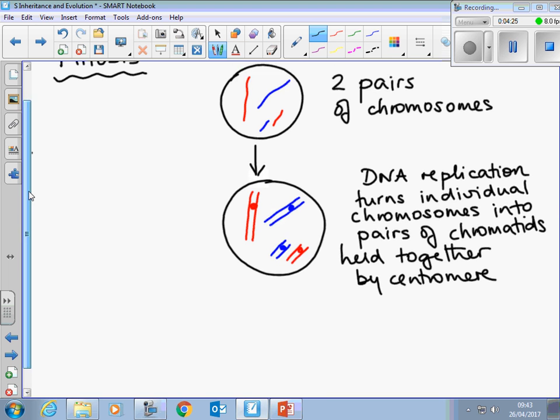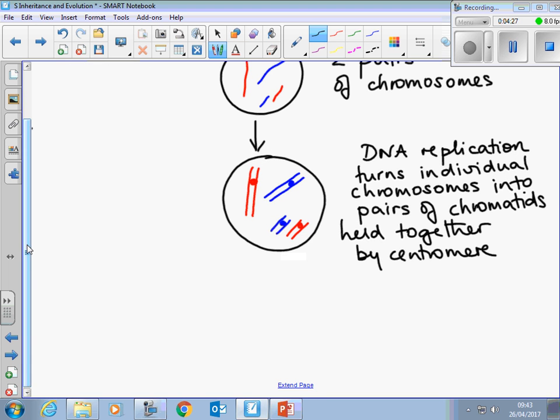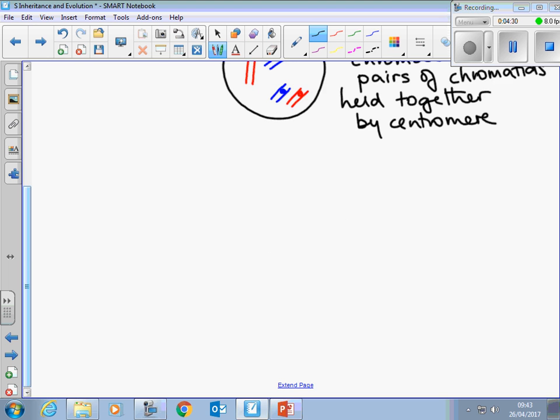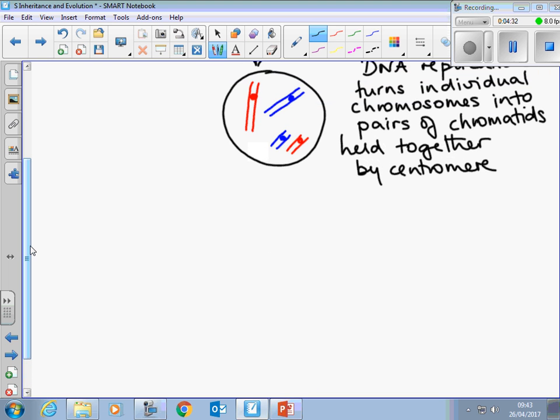We can then go through the process of mitosis, and I'm not going to draw out all the intermediate parts of this because you've got a diagram in your handouts, but here, and I'm going to make it a long arrow because there's some other things I want to write on here.